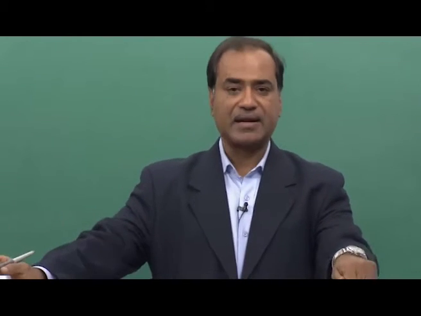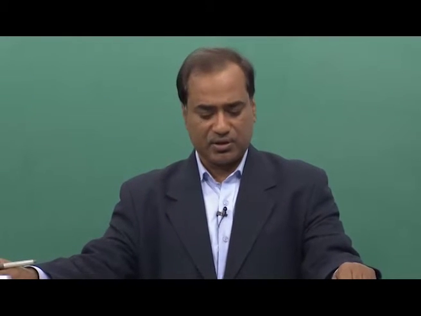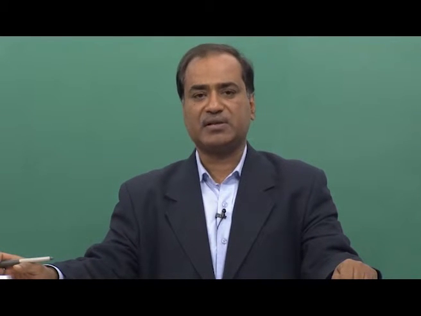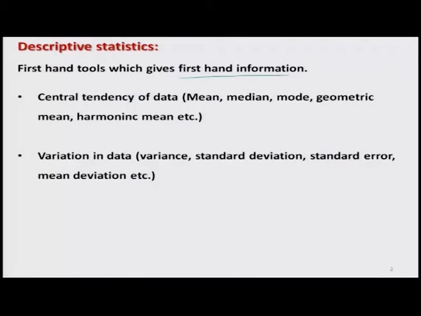So we start our lecture over here, and as we had discussed in the earlier lecture, whenever we get data, the first hand information is given by two types of tool. First are analytical tools and second are graphical tools. Under the analytical tools there can be different characteristics, and here we are going to consider the central tendency of data and the variation in data.